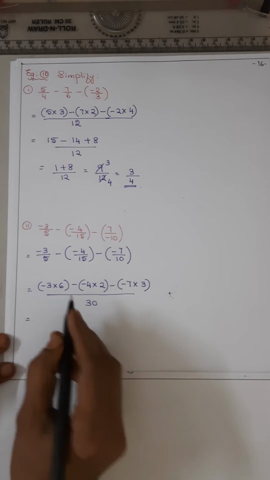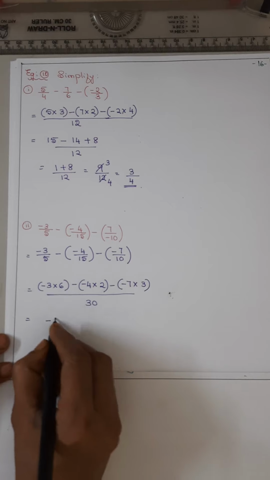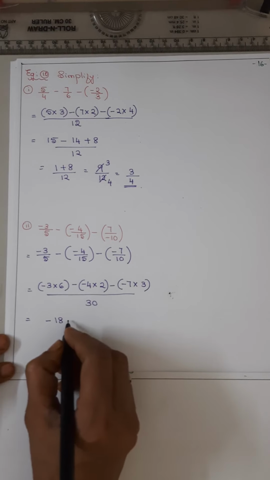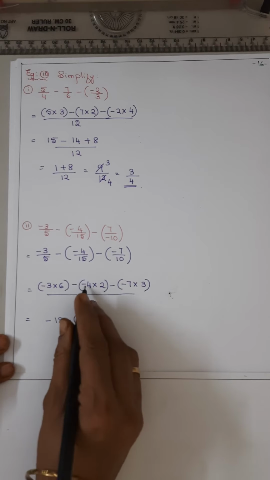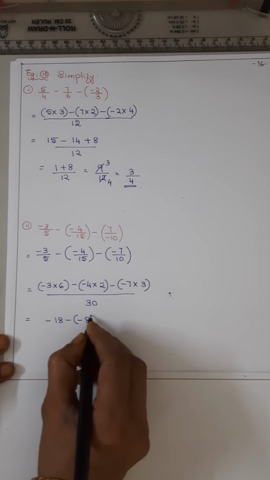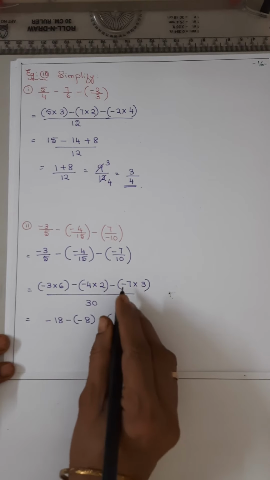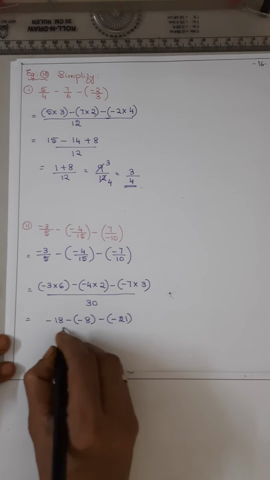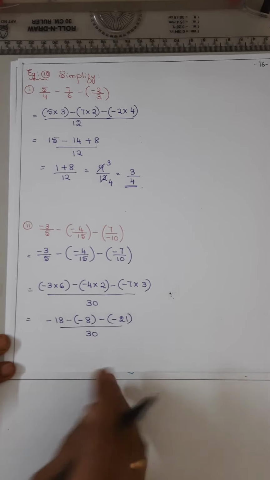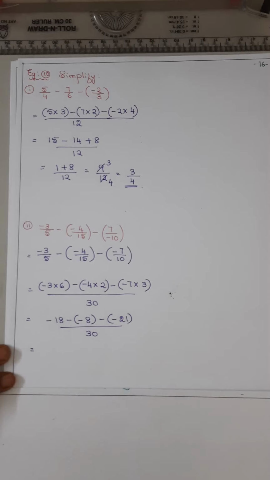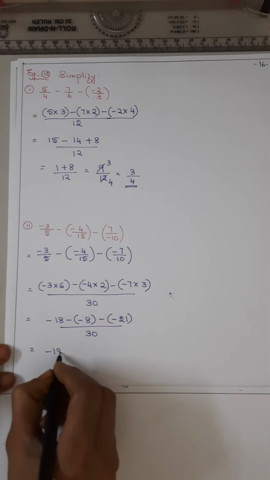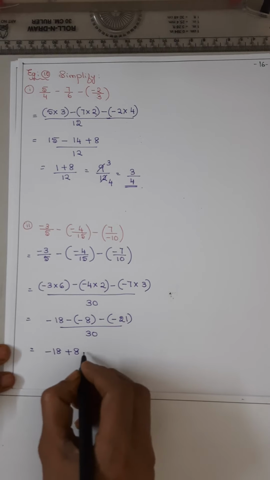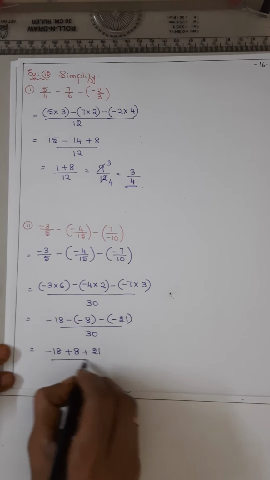Now minus plus minus 6 threes are 18. Minus plus, no, first we will do this: minus plus minus 4 twos are 8, minus plus minus 7 threes are 21, upon 30. Now open the brackets. Minus 18 minus plus 8 minus plus 21 upon 30.